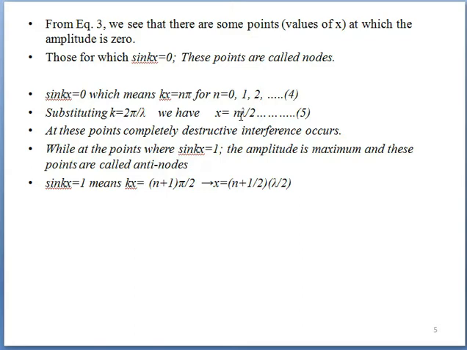So the modulus of 2ym sin of kx will give you 2ym, that is, the displacement of the standing wave will be double that of the individual wave at the positions where sin of kx is 1, which implies that kx should be equal to pi by 2, 3 pi by 2, 5 pi by 2, or you can easily say any odd integral multiple of pi by 2. So we can write this as n plus 1 into pi by 2. This is wrong.